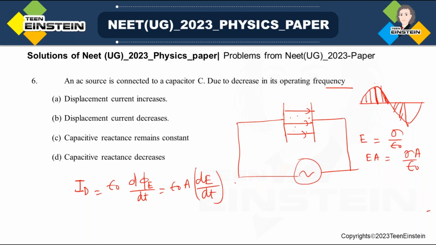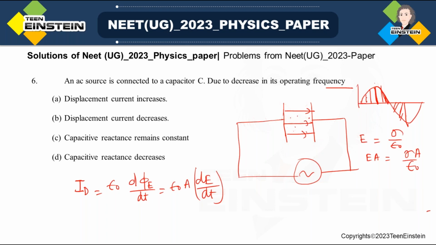Why? Because if the electric field changes, then this factor will change. So if the operating frequency changes, that means the electric field changes its value, as you see here.